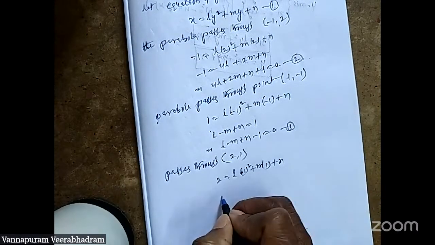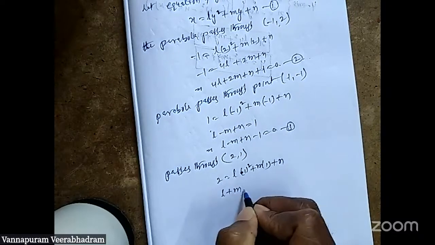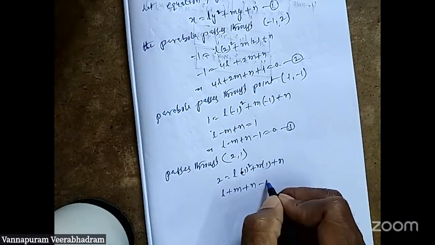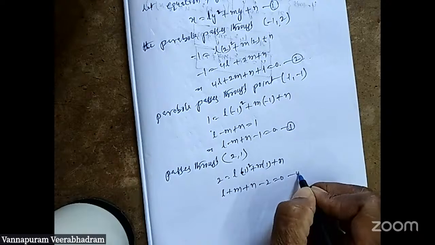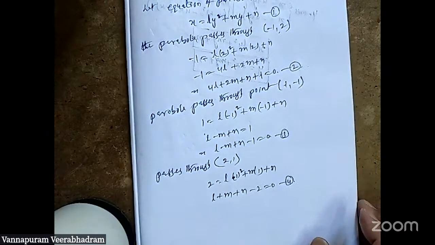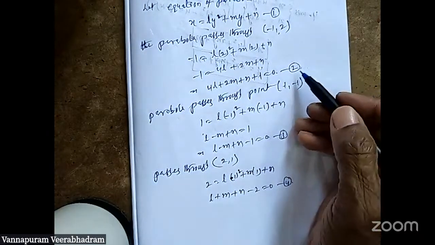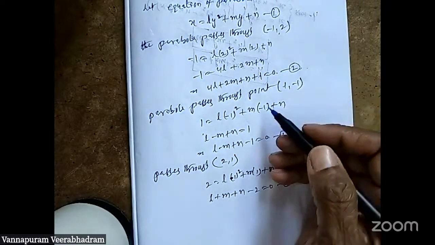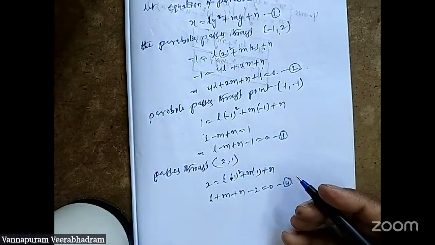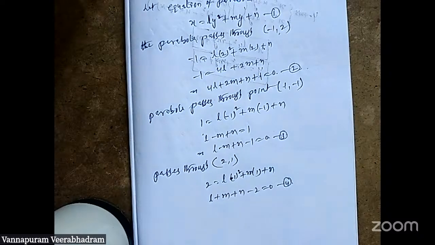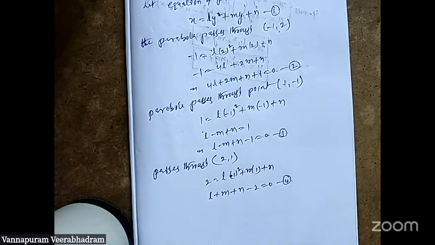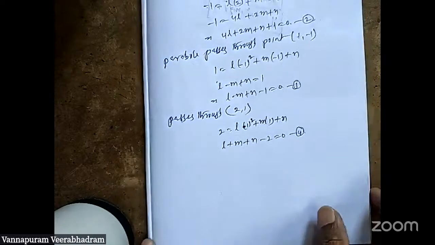On simplifying, we will get L plus m plus n minus 2 equal to 0. So this is equation 4. Now, by solving equations 2, 3, 4, we will get the values of L, m, n. After finding the values, we will substitute in equation 1, which is the required equation of the parabola. So let us solve the equations.